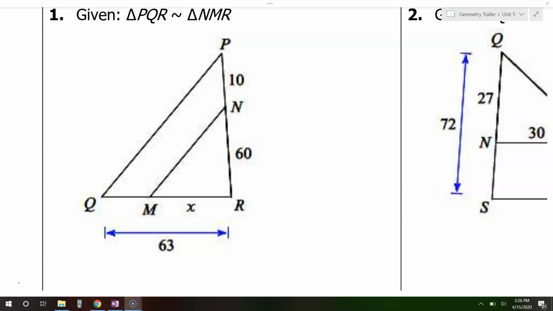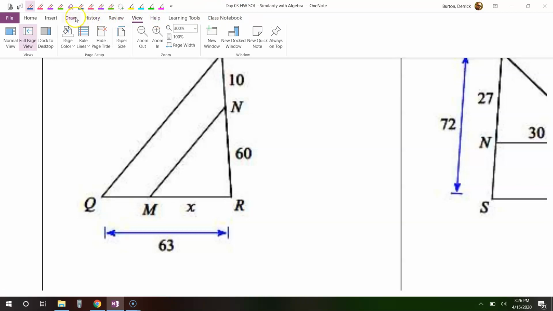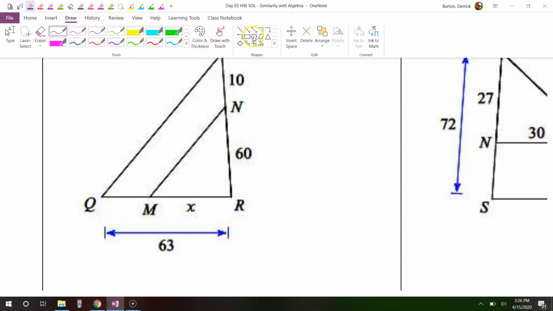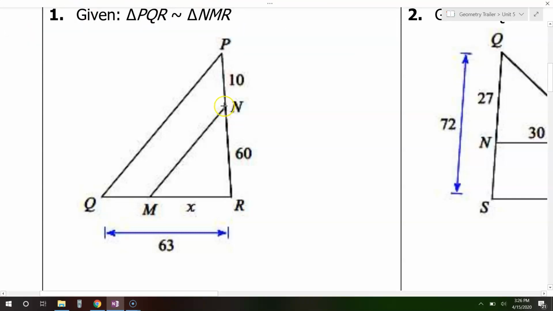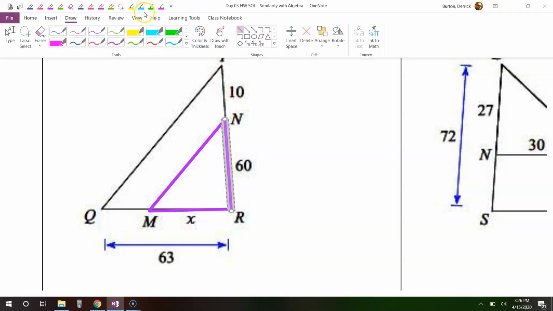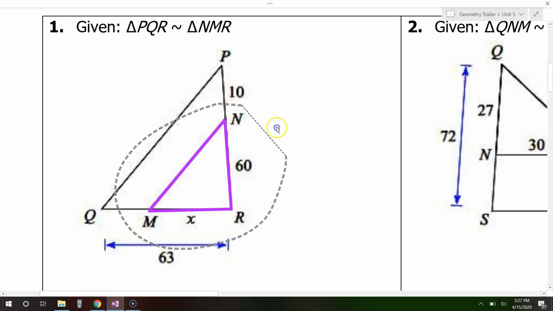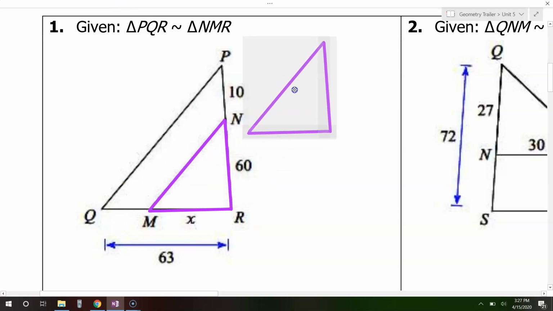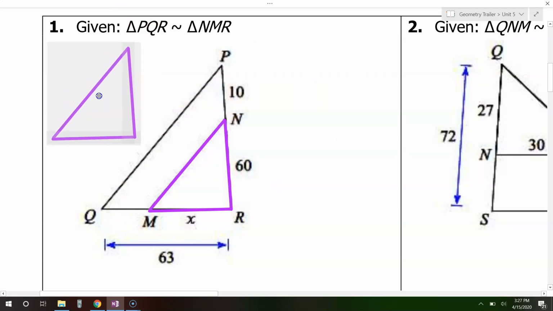So for example, in this case, we might take the smaller triangle on the inside. All right, I'm just going to try to trace it. Okay, so here's the smaller triangle from the inside. So I'm going to take this and put it over here.